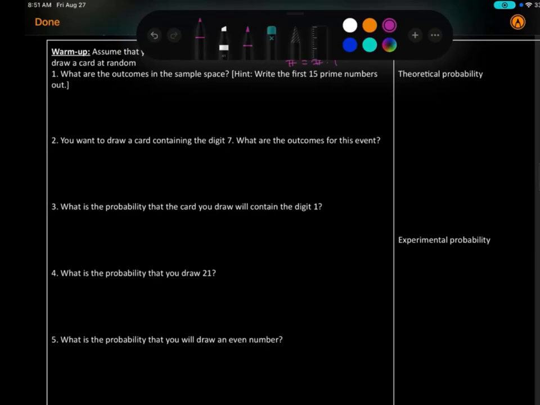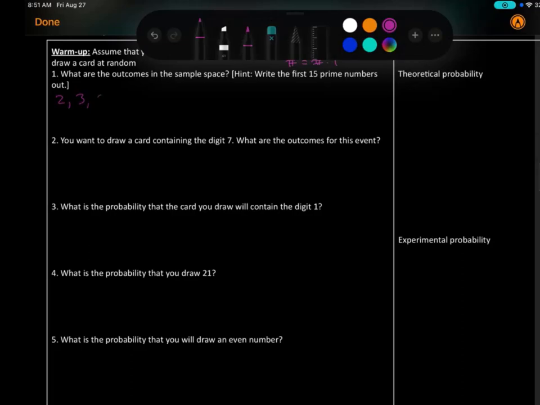Number 1, what are the outcomes in the sample space? The hint is write the first 15 prime numbers out. And so the first 15 prime numbers are, it's not 1. So you have 2, 3, not 4, because 4 is 2 times 2 or 4 times 1.